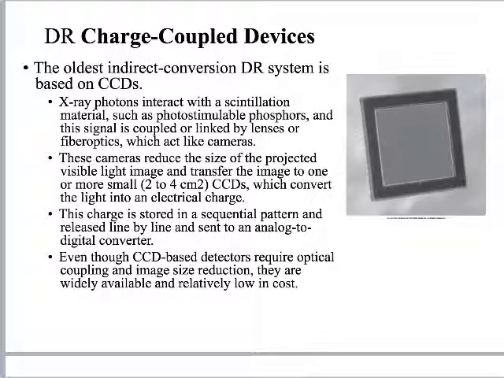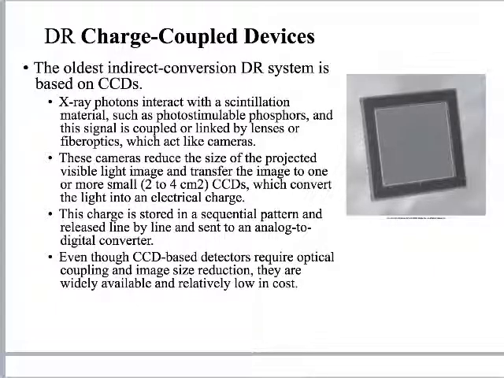But it does use indirect conversion, right? So the X-rays interact with a scintillation material, and then those are coupled with a series of lenses or things that direct the light to a specific area. So these lenses or these cameras are going to reduce the area down, so it's supposed to help save some spatial resolution, and then it reads it out.